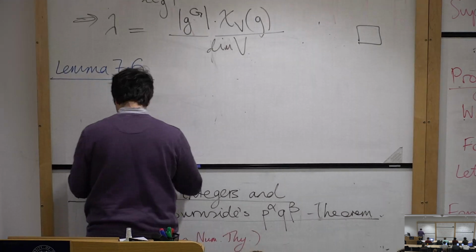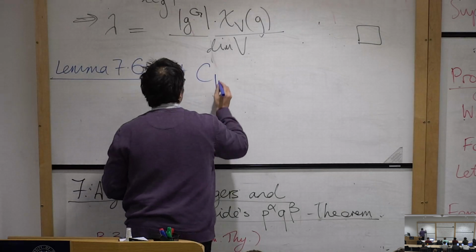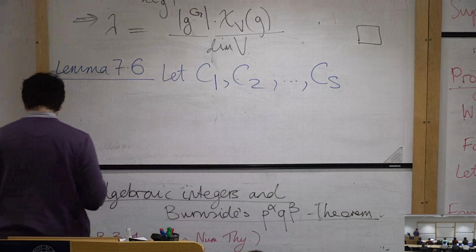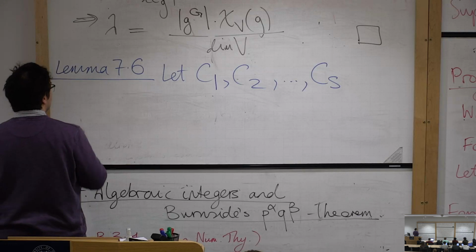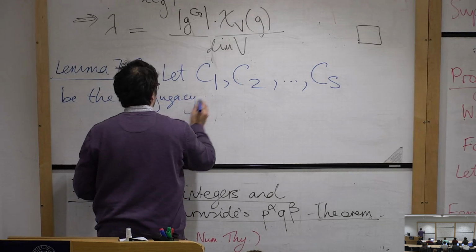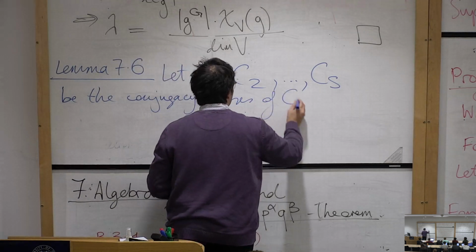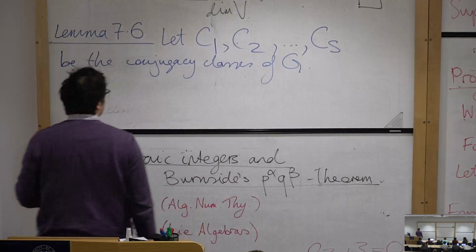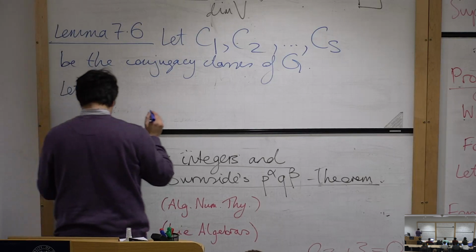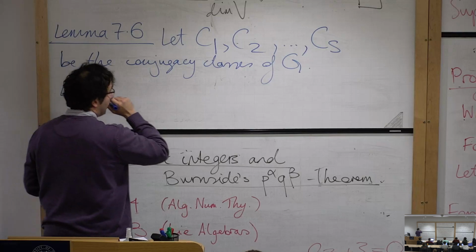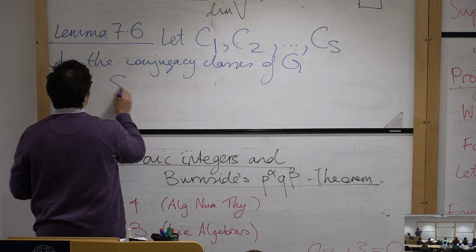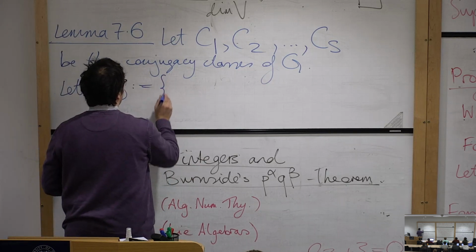It says, if I have the conjugacy classes of the group G listed, all of them, and then I consider their class sums, and form the set of integer linear combinations of the class sums, I'll call that S. So what's that explicitly?